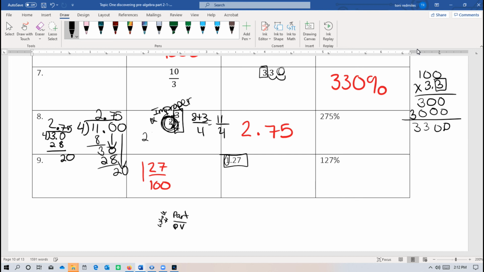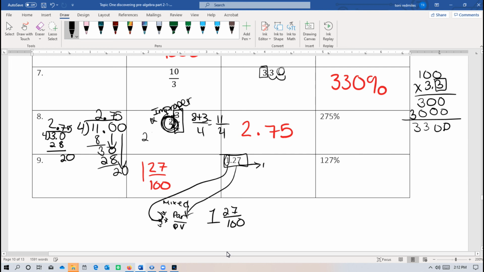So this is our makeup of our mixed number. So I'm just going to put everything in its parts. The 1 goes here in the whole number part. The 27 is the part of, and the place value is 100. This is in the hundreds place. So it's 1 and 27 hundredths.